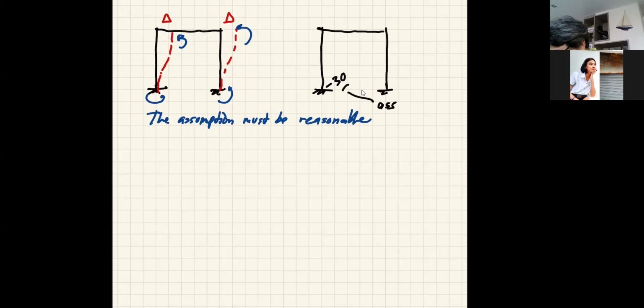Assume this. That means this has to be minus 30 because it's the same for the member. Then from this member to this member, because the displacement is the same and the stiffness is the same, this better be minus 30 as well. Okay, so that becomes our fixed end moment.